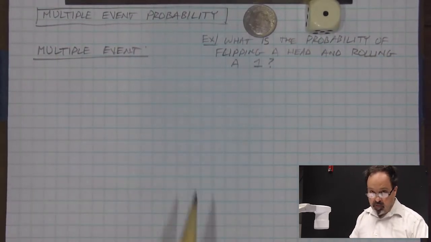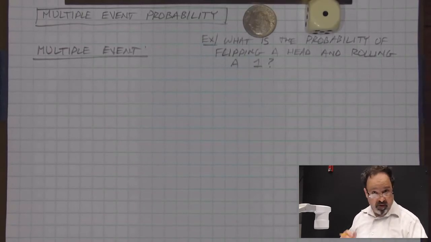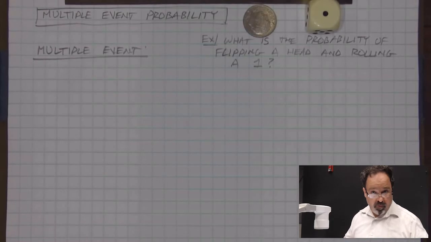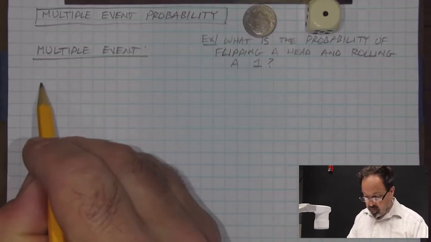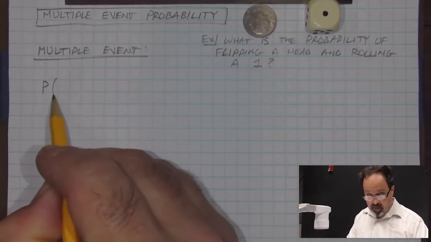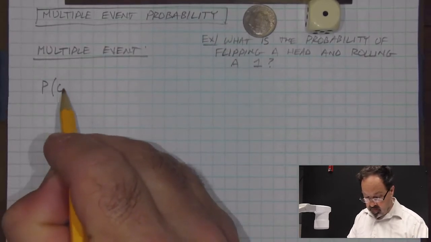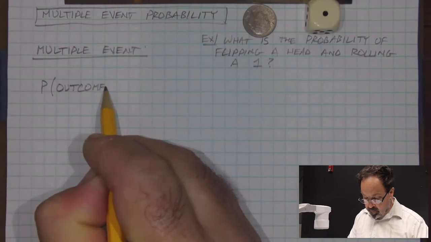The flipping of a coin and the rolling of the die are called experiments. It's an activity that we take, and the event is the outcome that we observe when we do the experiment. So we calculate the probability of events, and we use notation P for probability. And inside the parentheses, as we've learned in a previous lesson, we're interested in the probability of an outcome.